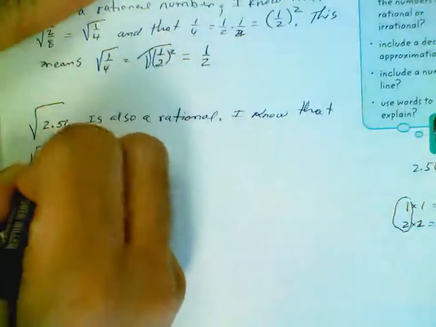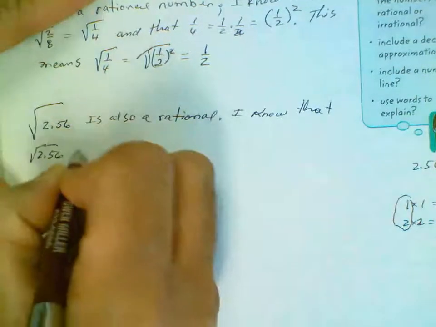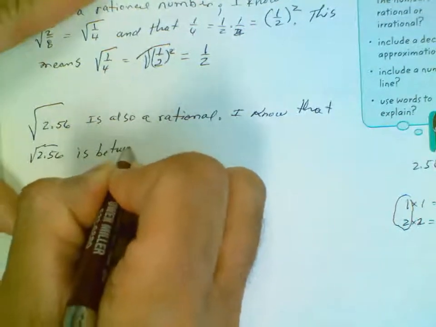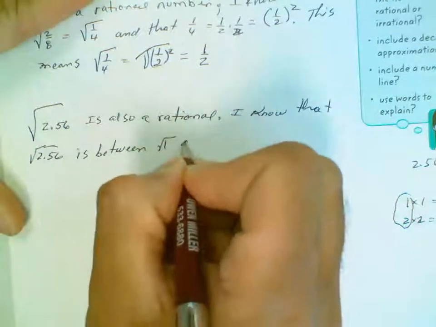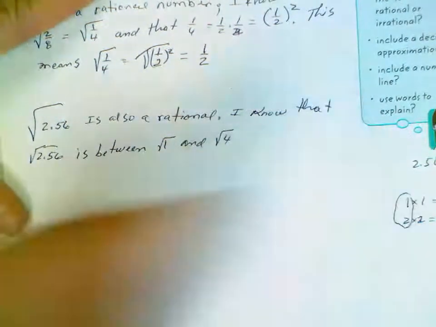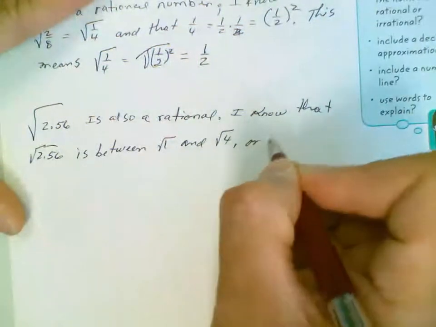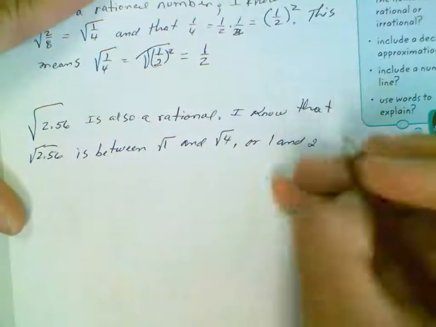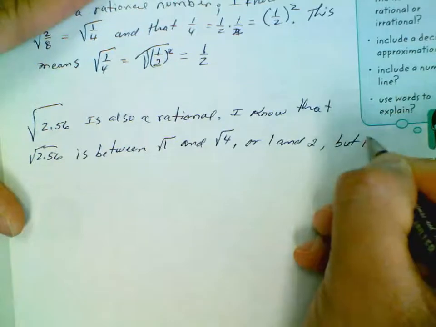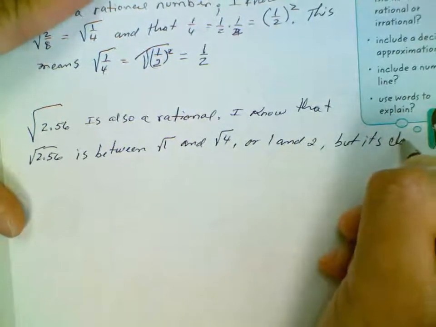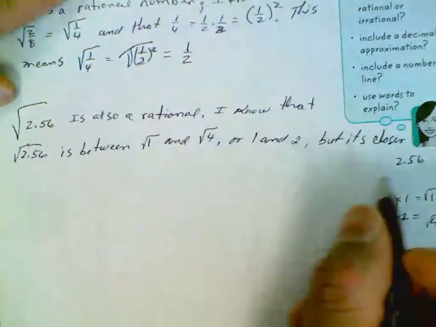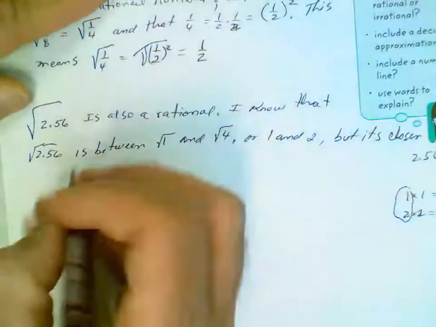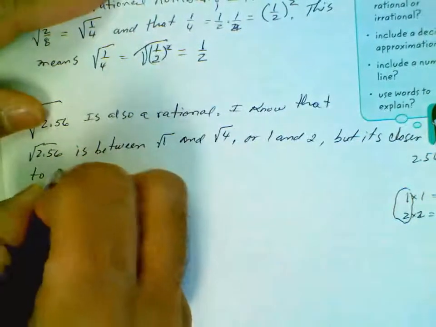The square root of 2.56 is between the square root of 1 and the square root of 4, or 1 and 2. But it's closer to 2 by a little bit.